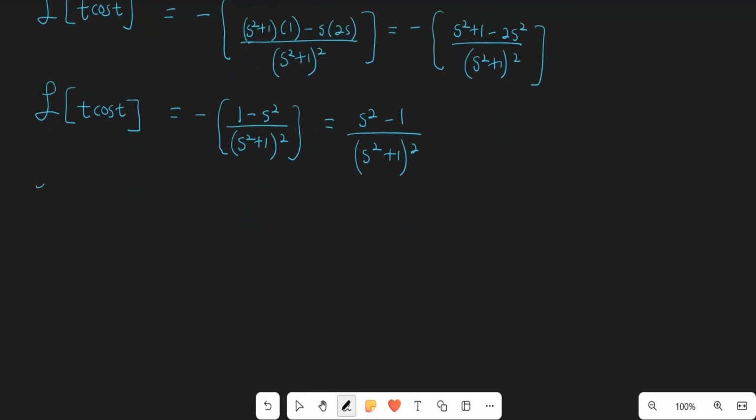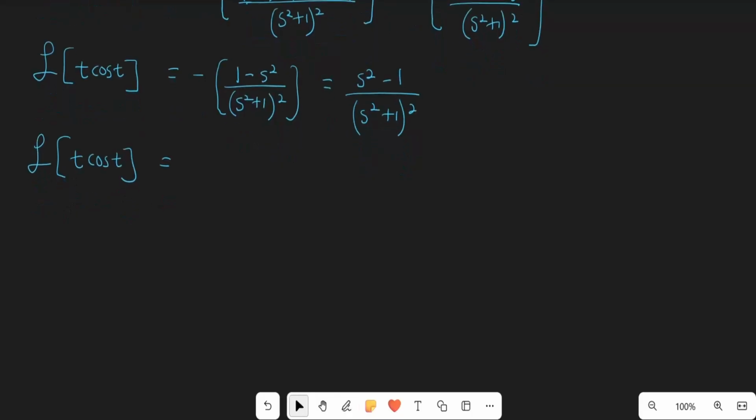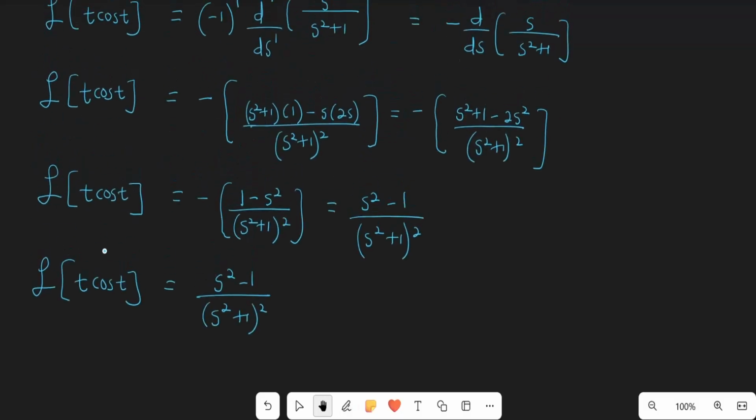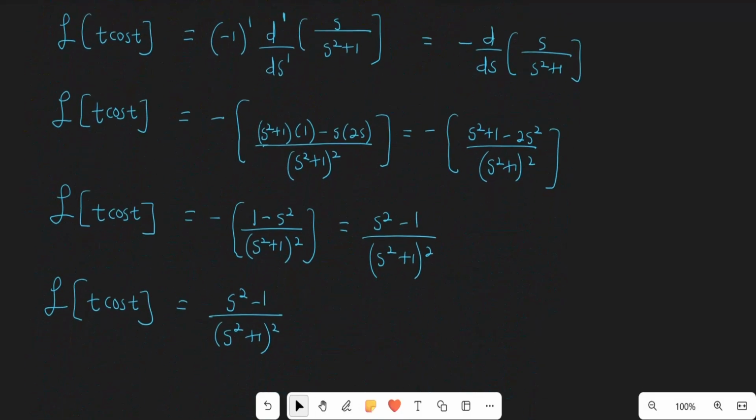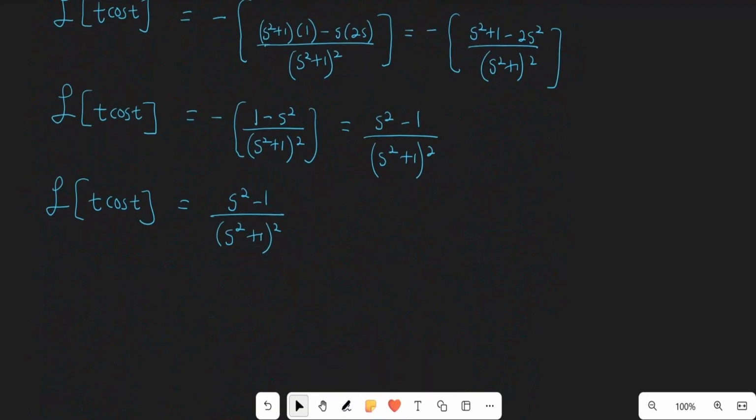So that means that the Laplace transform of t multiplied by the cosine of t, using our formula that we derived, is s squared minus 1 all over s squared plus 1 all squared. So cool, right?